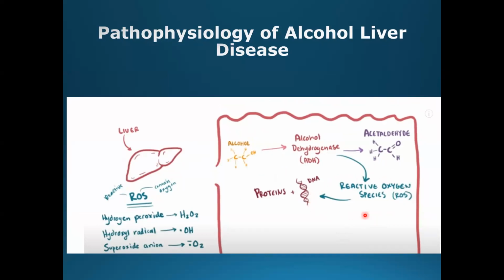And you guys know from this list of the reactive oxygen species what the ROS do in the cell, correct? They have a tendency to go after the proteins, the lipids of the membranes, the mitochondria and the DNA, the three most important components of the cell: the genome, the membranes, and the mitochondria.